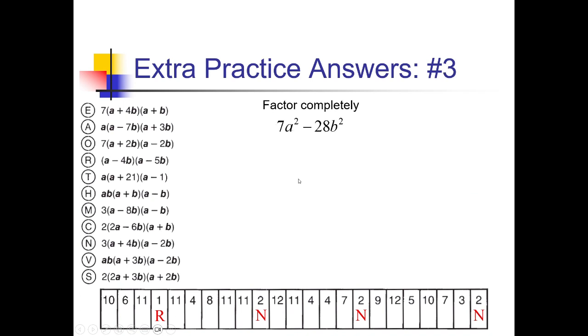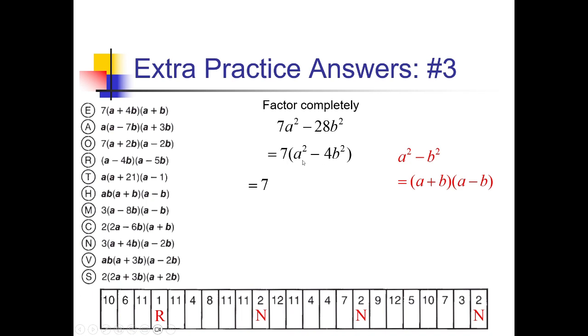For this problem, I'm going to take out a common factor right away. These both have a 7 that they can give up. That leaves me with an a squared minus 4b squared. So I've got the 7 I can bring down. And then a squared minus 4b squared, that's a difference of two squares, where I can essentially square root both things and put a plus and minus with those square roots in parentheses.